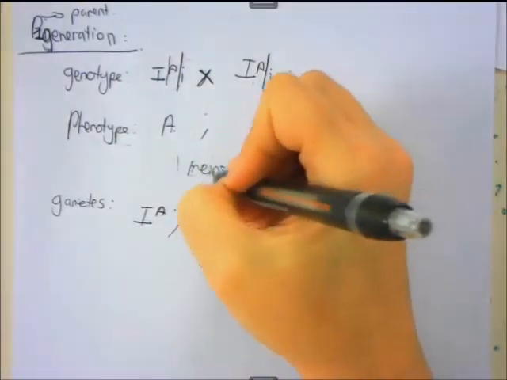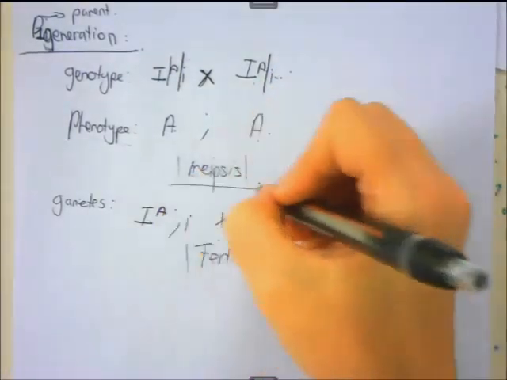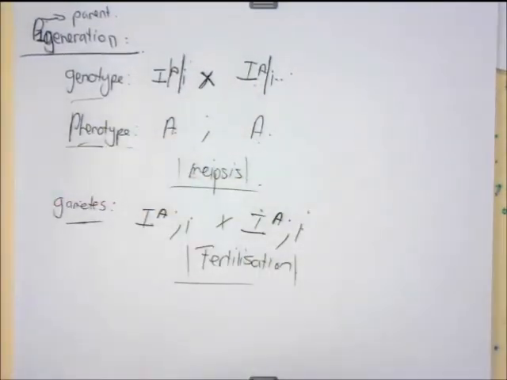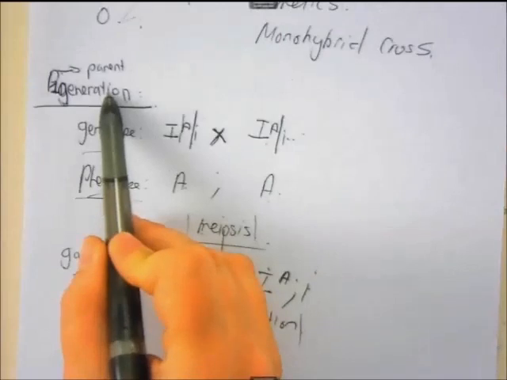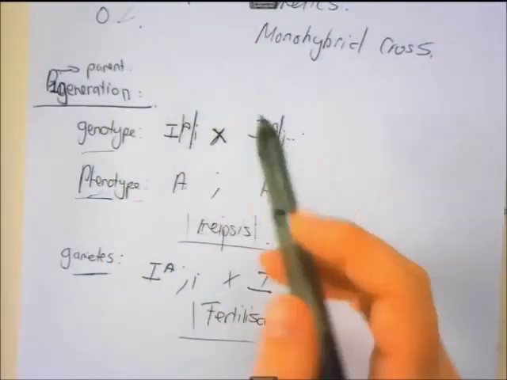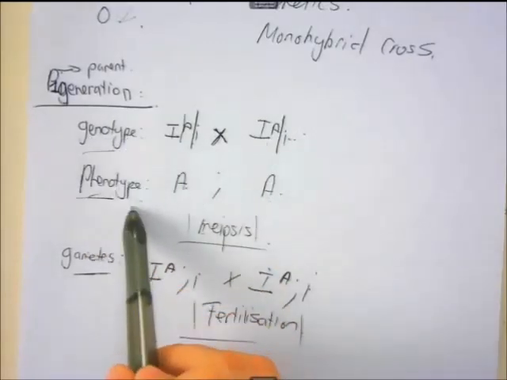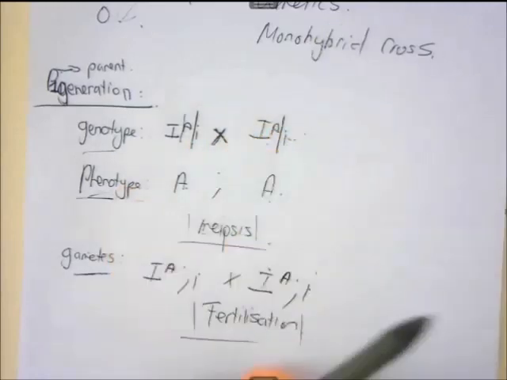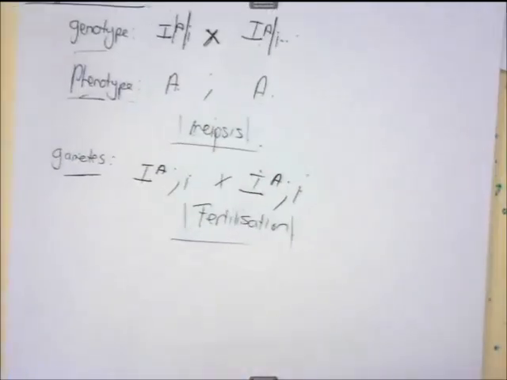And again, these words you can write under each other. Write these on the side so that you make it very clear to the examiner that you have got the correct formula, that you're doing it in the correct steps, and the structure is there. So your genotype and your phenotype is there, but these two words go right in the middle of the page or just in the middle of your work so that they stand out.